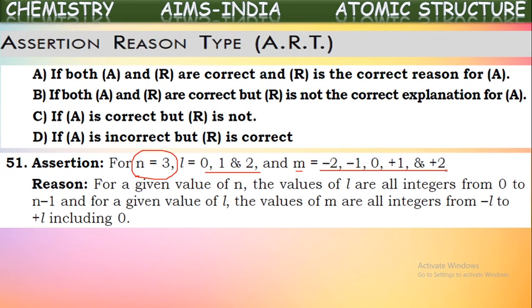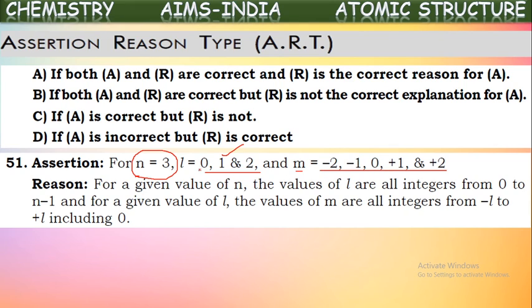Yes, it is correct. For n equal to 3, L values will be from 0 to n minus 1. So n value is given as 3 here, so L values will be 0, 1 and 2. So this is correct. And m values may be from minus 2 to plus 2 including 0.